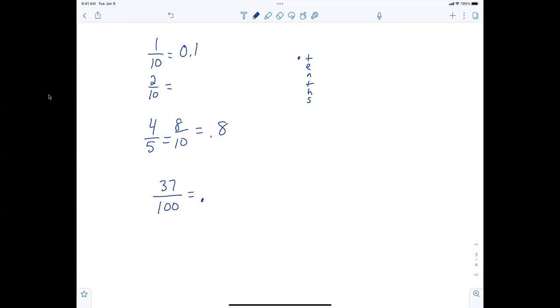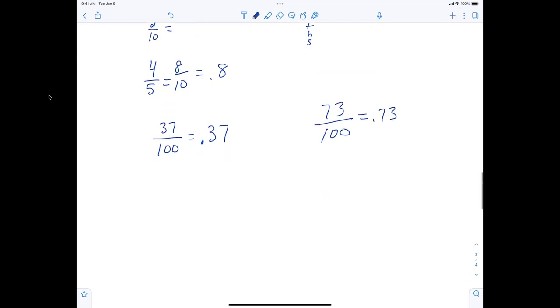Not 37.0, but yes. All right, 0.37. All right, so now if I said something crazy like 73 out of 100, now we can just say that's what? 0.73.